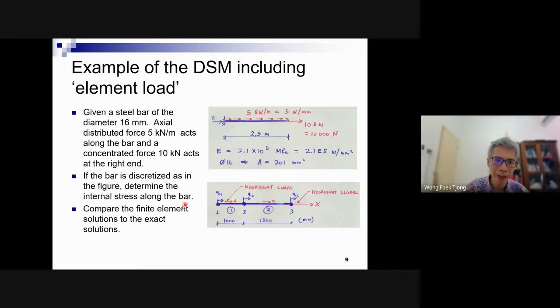Later, we can calculate the displacement and then calculate the stress and strain. That's all. We solve the problem by finite element. But until next week, today is up to this point.